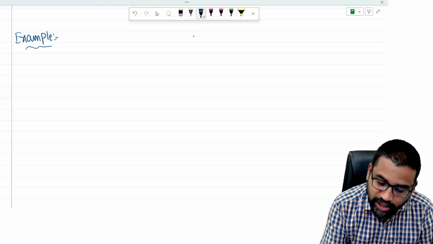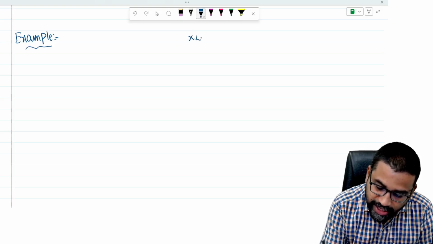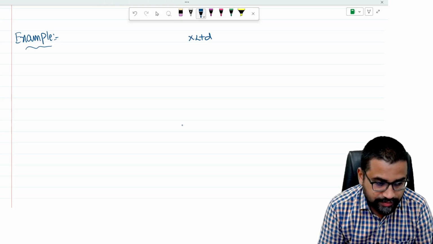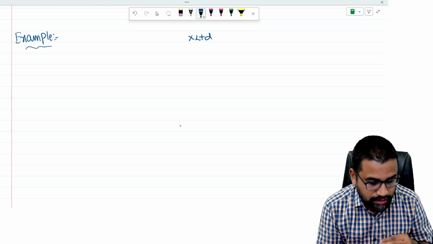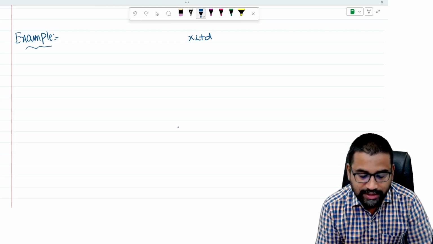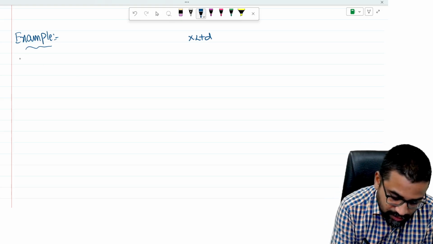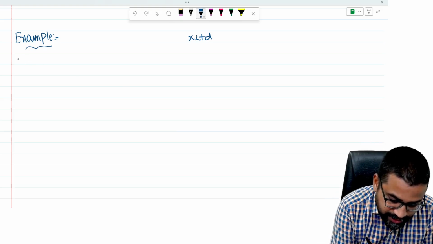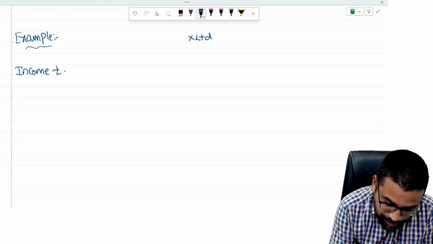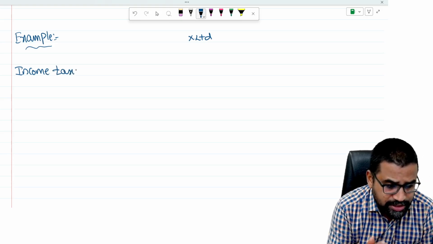Suppose there is an entity called X Limited, sir. Now, I am taking first the income tax computation, and then I will take the P&L account also. Suppose this X Limited, taxable income, income tax computation. And income tax computation means taxable income.